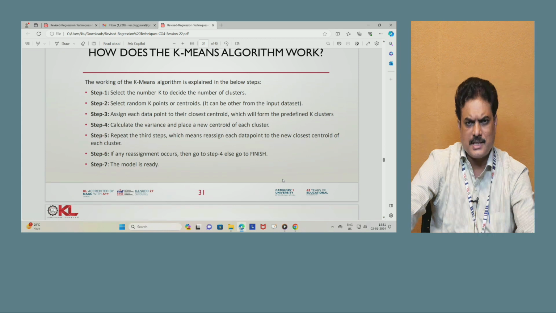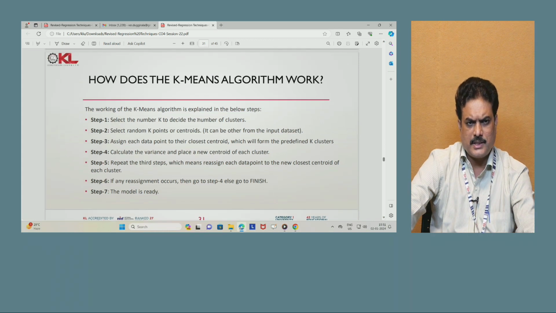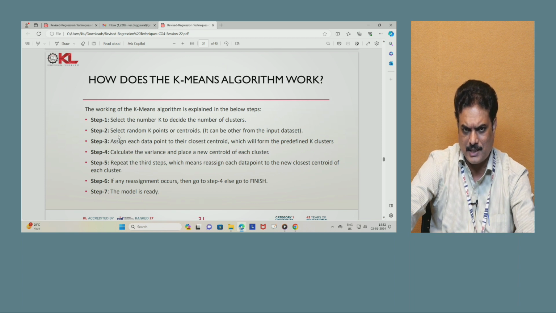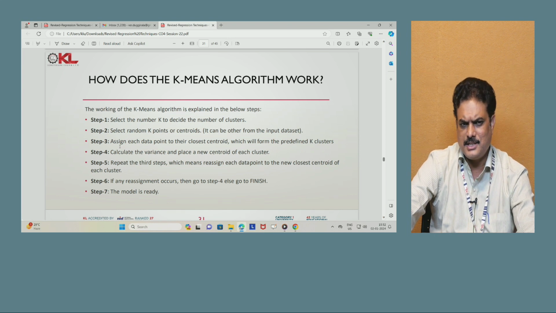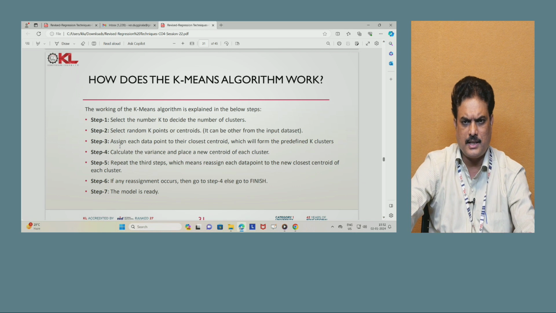How does the k-means algorithm work? The working of the k-means algorithm is explained in the below steps. Step 1, select the number k to decide the number of clusters. Step 2, select random k points or centroids. They can be other than the points from the input data set. Step 3, assign each data point to their closest centroid, which will form the predefined k clusters.